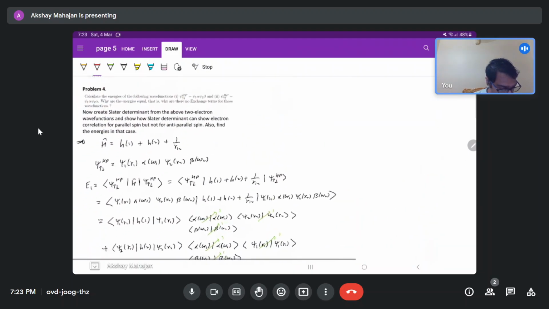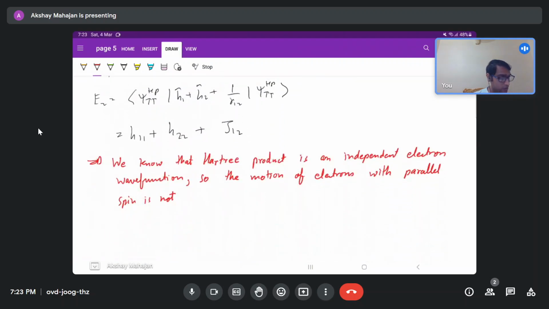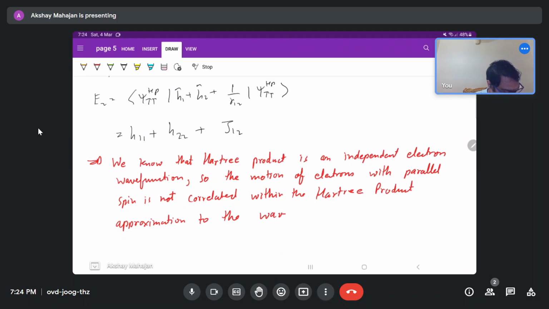There is no exchange term for this wave function, because the motion of electrons with parallel spin is not correlated within the Hartree product approximation to the wave function. All right, so that's why we will not see correlation.